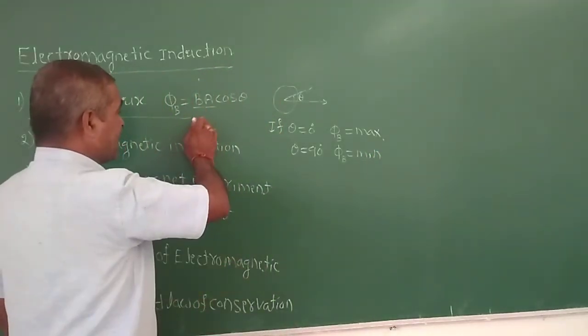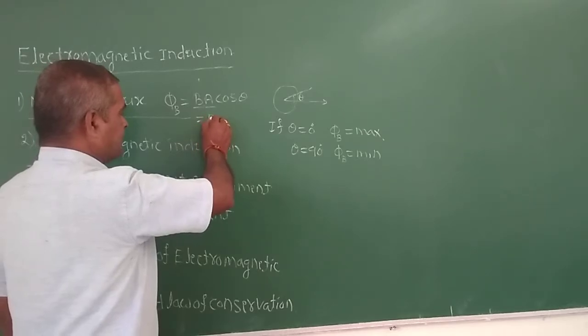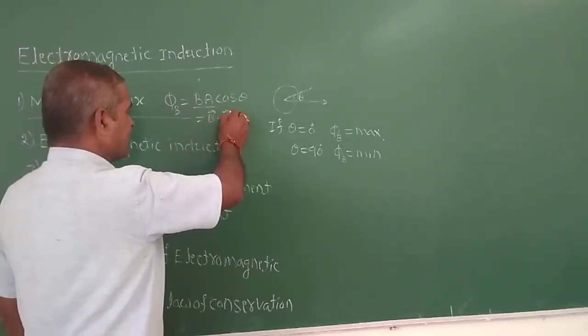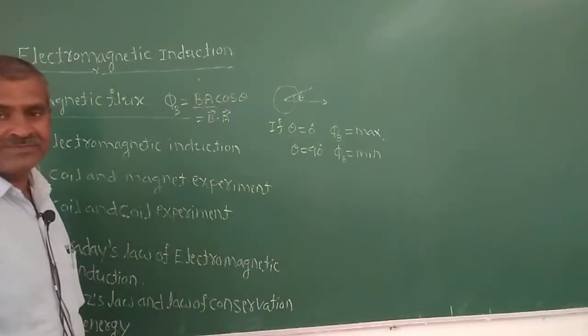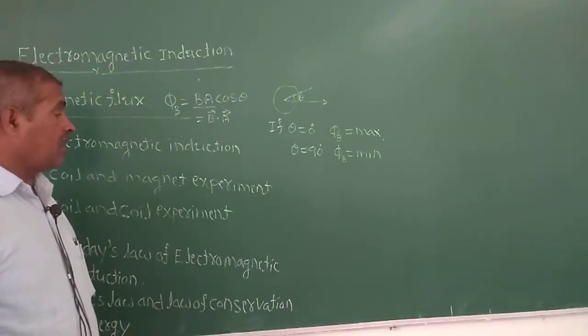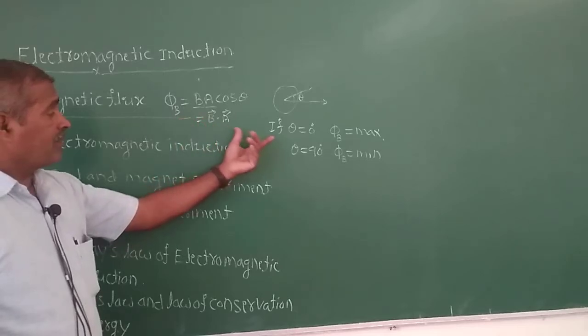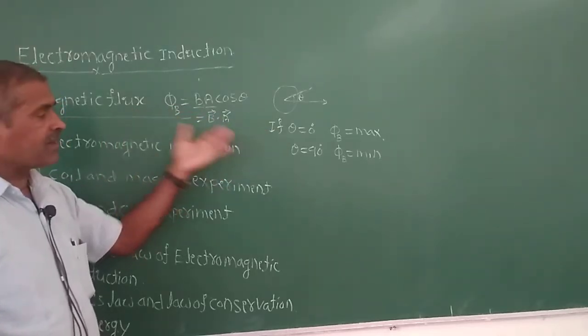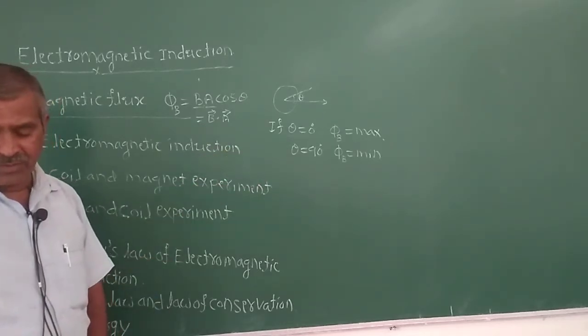Okay, that is written like B dot A. So that is when the magnetic flux is maximum, and when it is minimum.